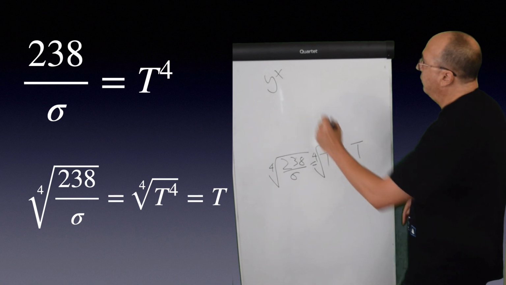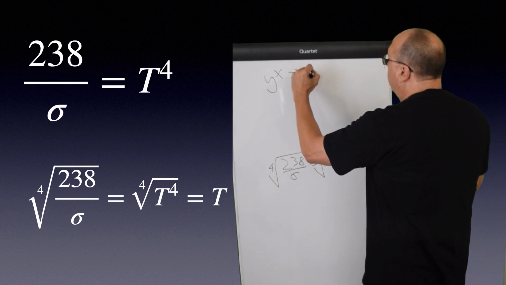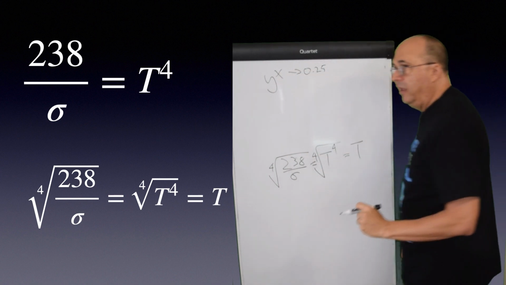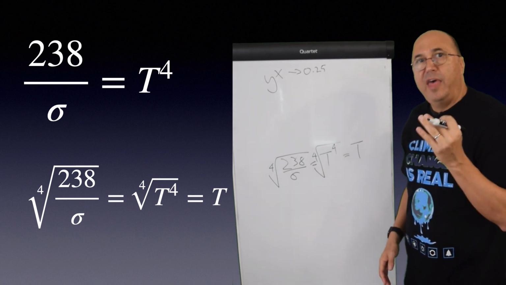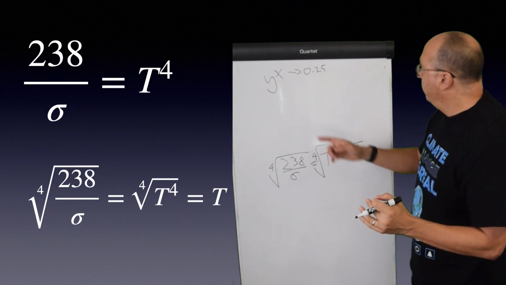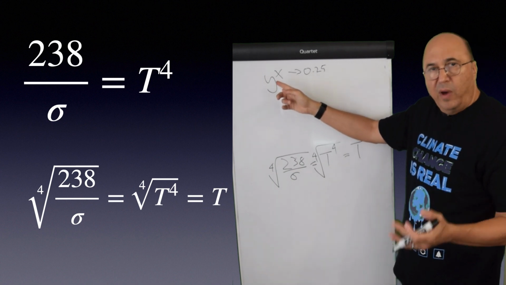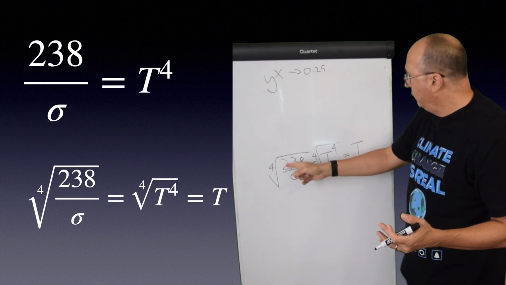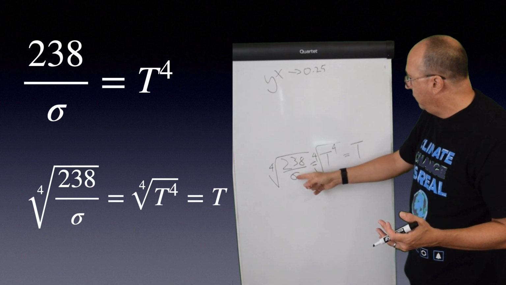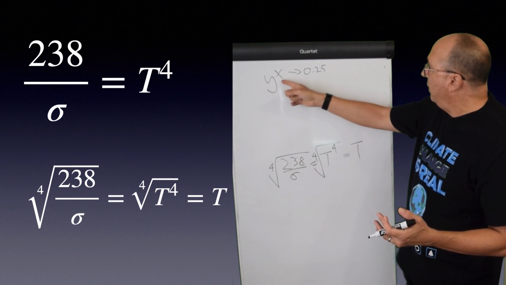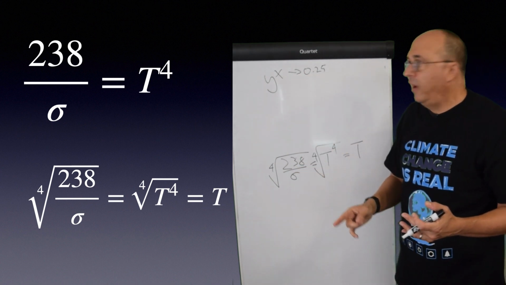For the 4th root, x is 0.25. Okay, so it's 1 over 4. That is the 4th root. So you can use your calculator's y to the x button to do the calculation. Just calculate 238 divided by sigma, and then use the y to the x button with x equals 0.25.